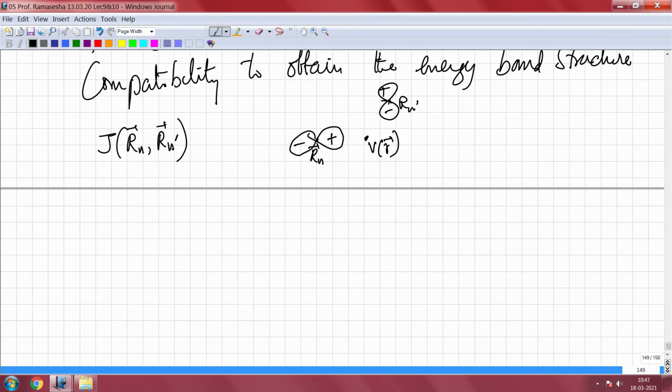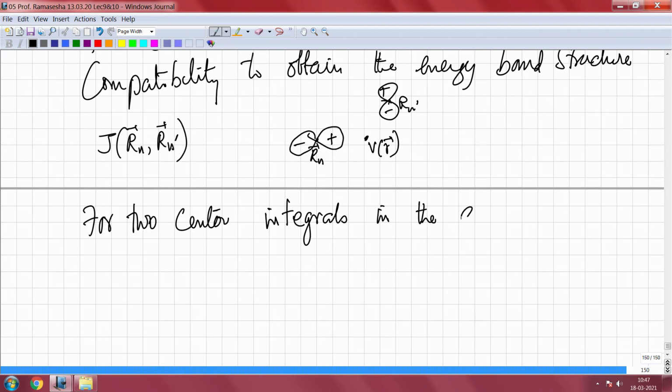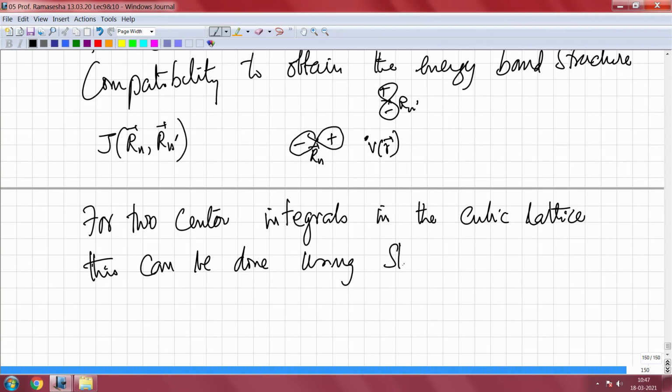Well, there is a way of doing this, at least for two center integrals. In the cubic lattice, this can be done using what are called Slater-Koster rules.